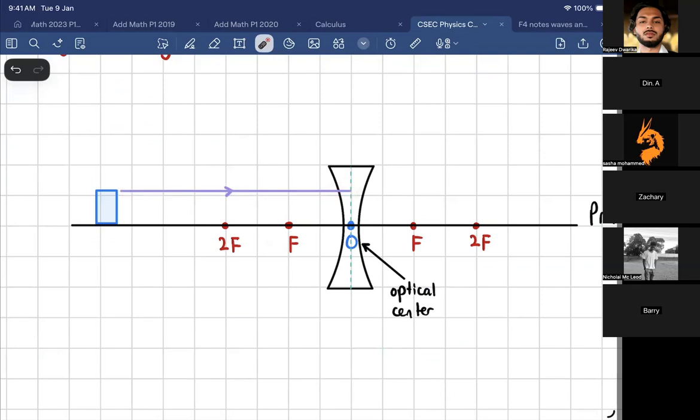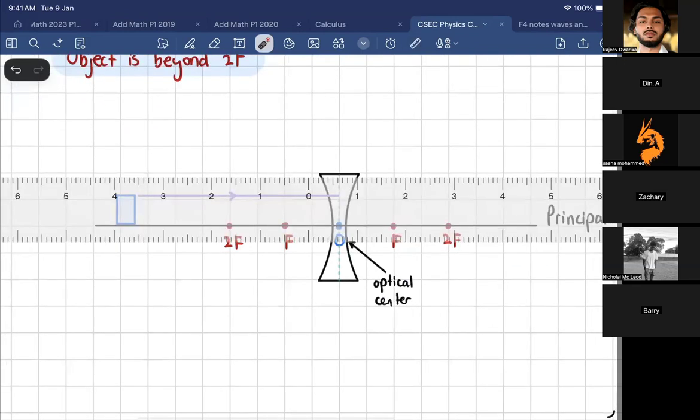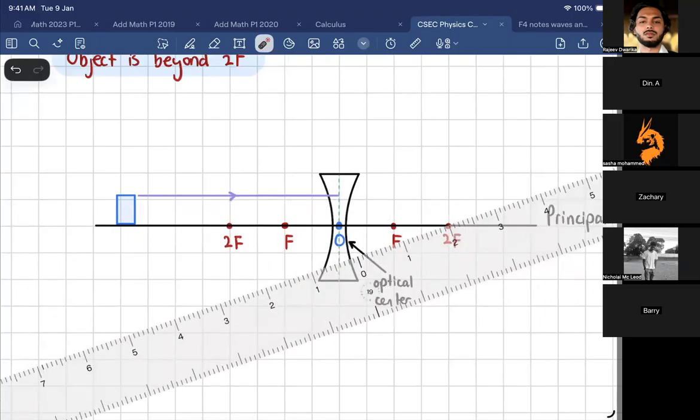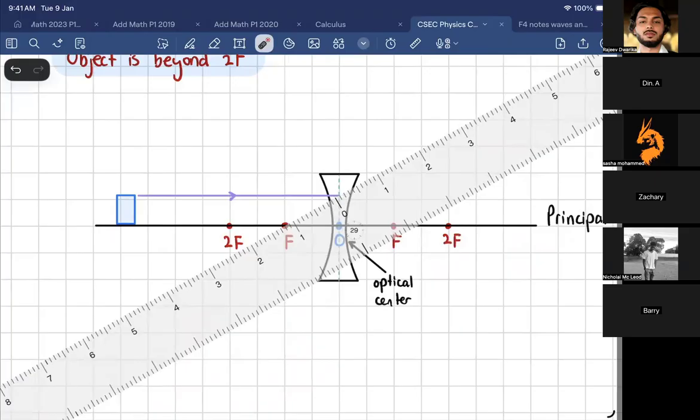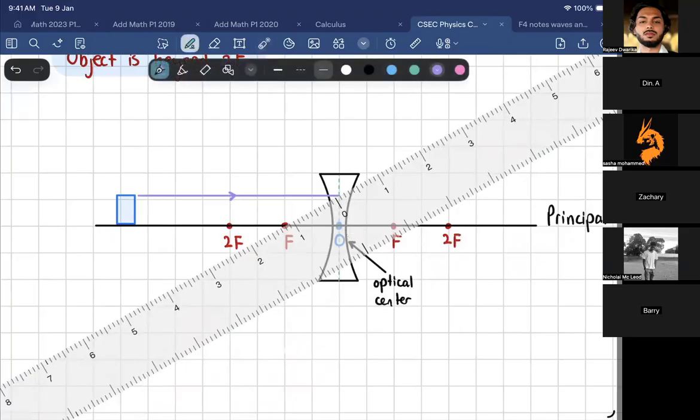Now, we already know what's going to happen, right, Danelle? It's going to diverge. Yes, it's going to diverge. And so to draw that, you're going to take a ruler and line it up with the focal point, like so.